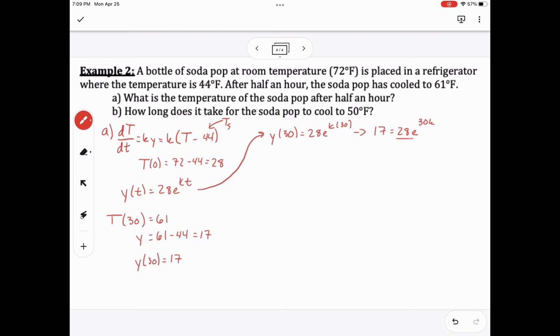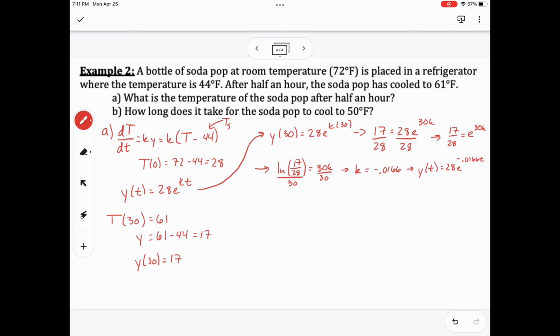Plugging that into my function, I solve just like I did for example 1 to find the k value. Notice 17/28 = e^(30k), and I'm switching it to logarithmic form, which means I'm moving the e base over to make it ln(17/28), and then dividing by 30 to get that k value.